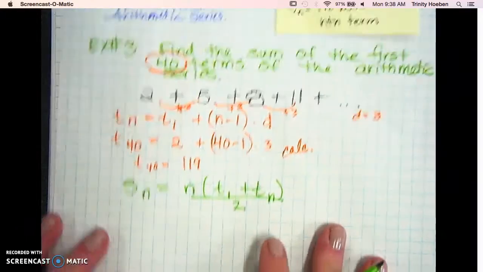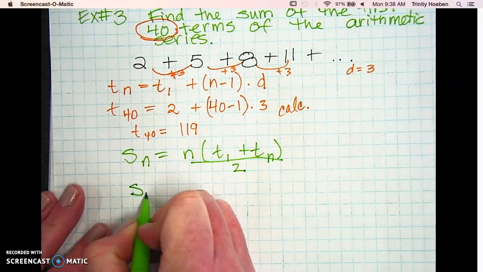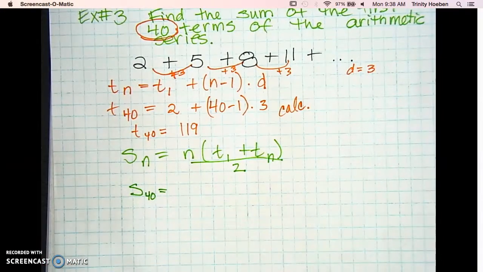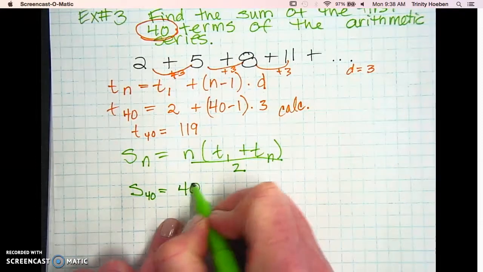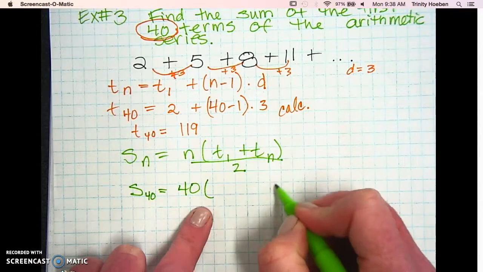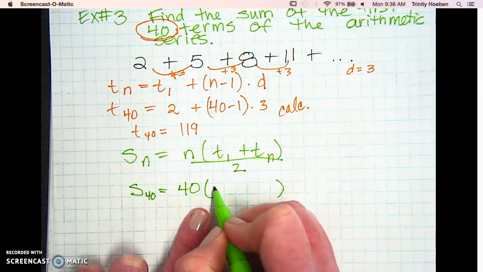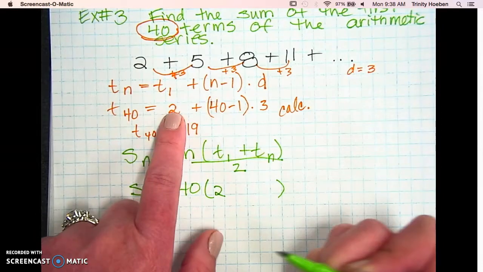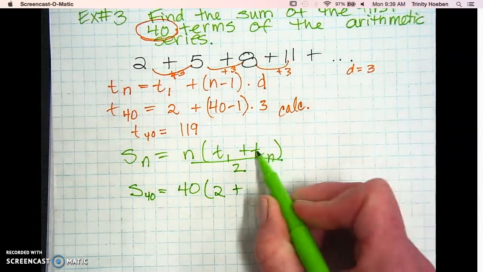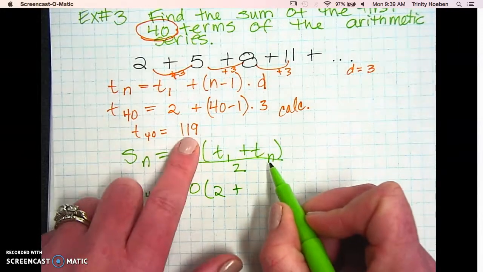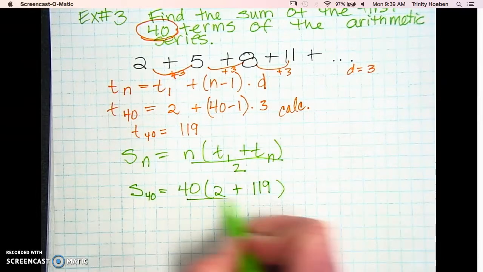So we want the sum of the first 40 terms. So we're going to say S sub 40. The n is the 40, because we want the sum of 40 terms, times the first term, which is still 2. It was 2 right here. It's still going to be 2 right here, plus the number that we just got, the 119, divided by 2.